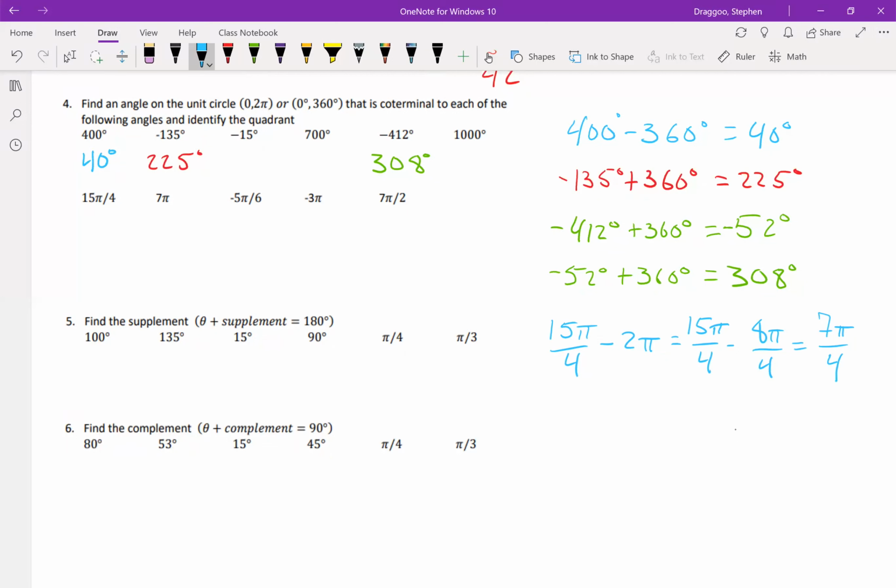So 7 pi over 4 and 15 pi over 4 are coterminal. Let's take a look at 7 pi next.